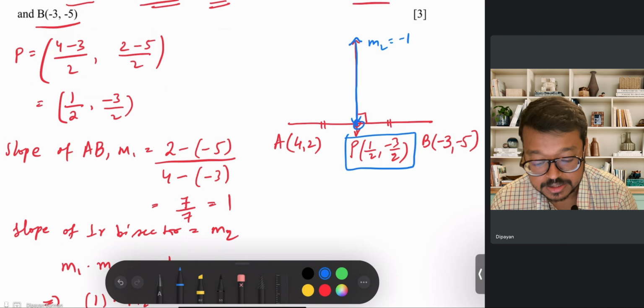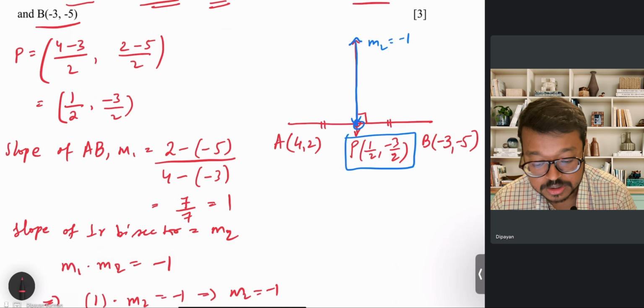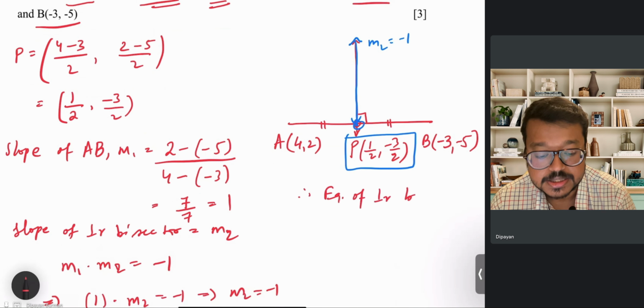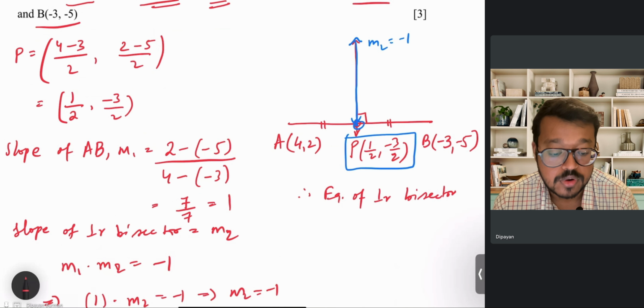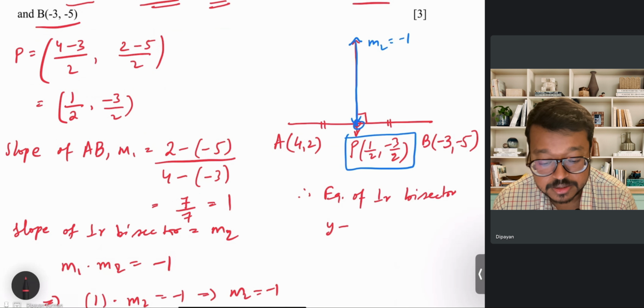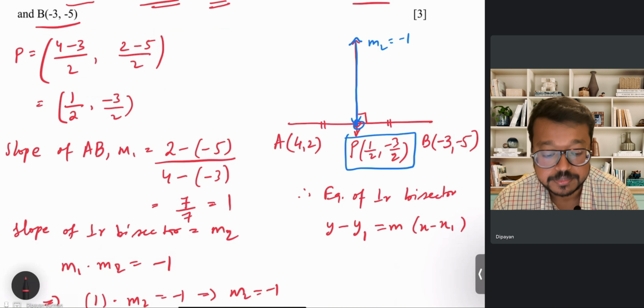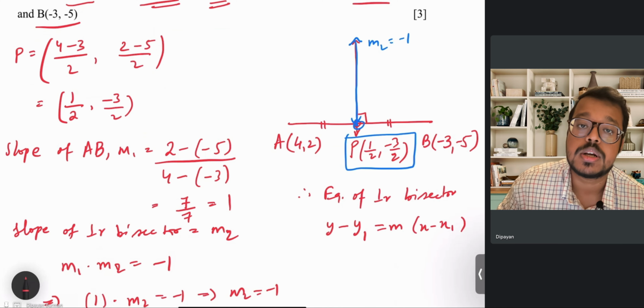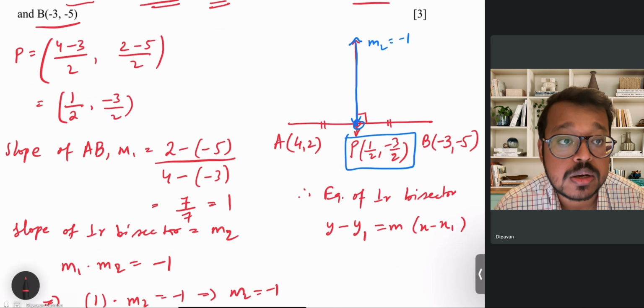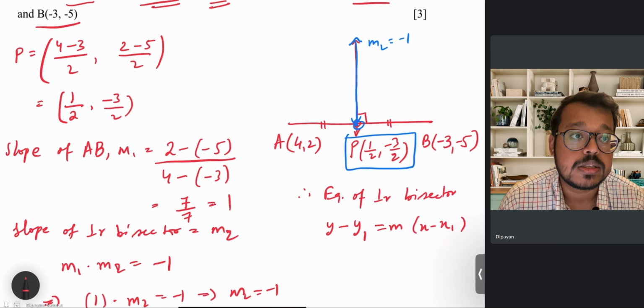So I will say that therefore the equation of the perpendicular bisector according to point slope form is y minus y1 equals m into x minus x1. x1, y1 are coordinates of one point on the line, and m is the slope of the line.